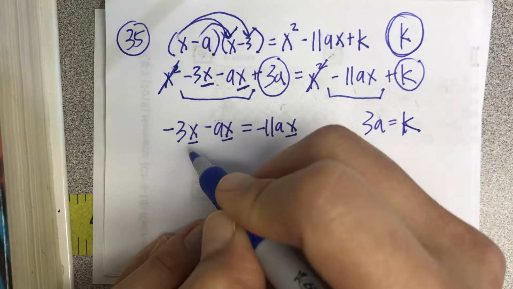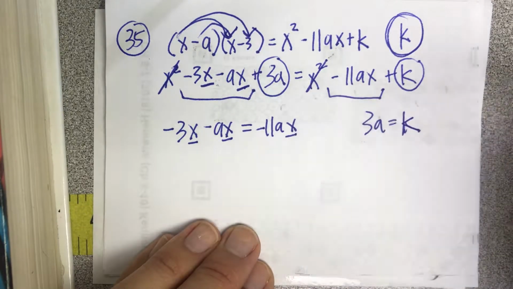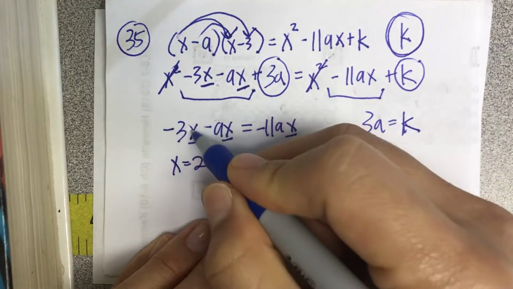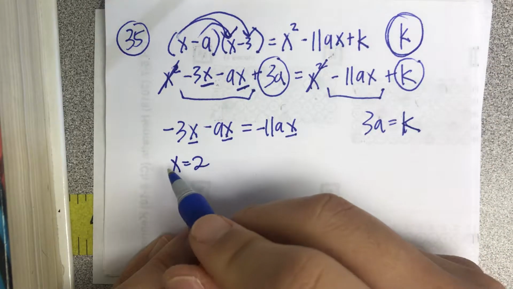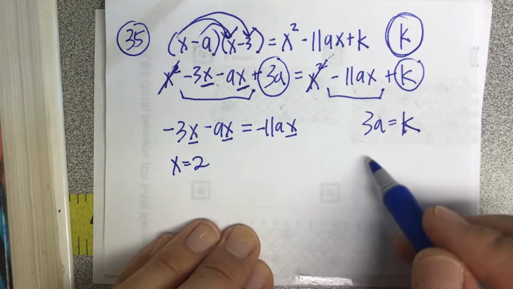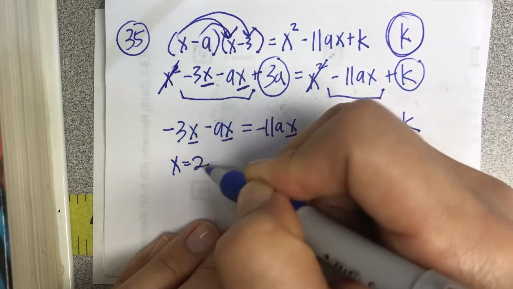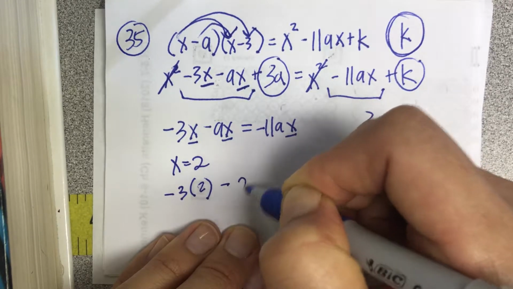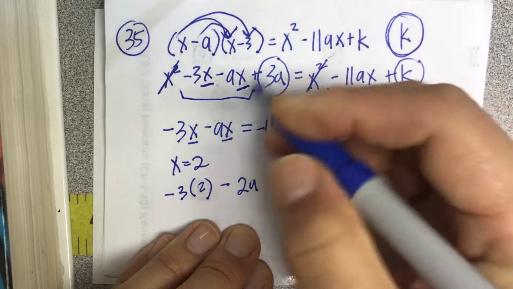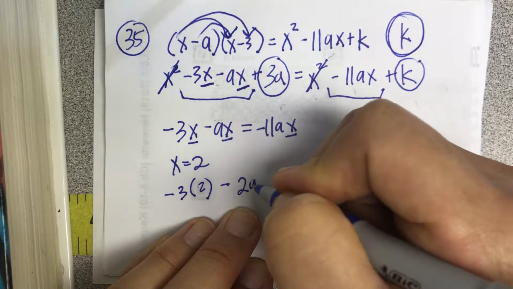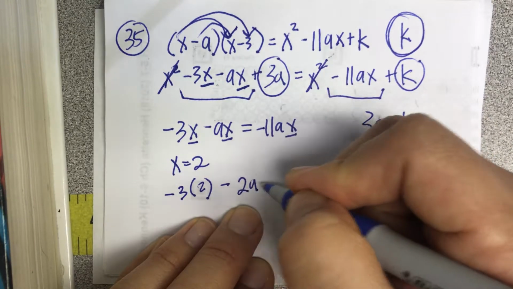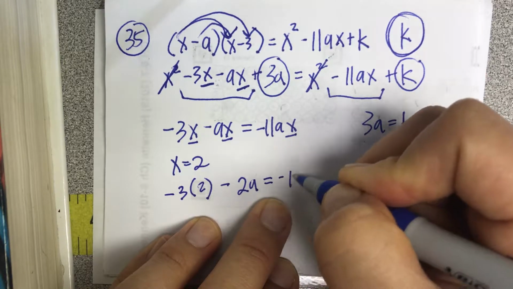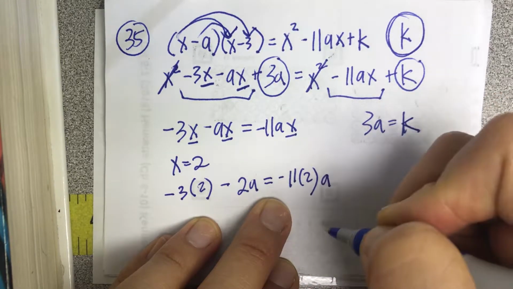Okay, so if we plug in and say x equals 2, then we could solve for a, and then we could plug in for a, and then solve for k. All right, so it's going to be negative 3 times 2 minus 2a equals negative 11 times 2a.